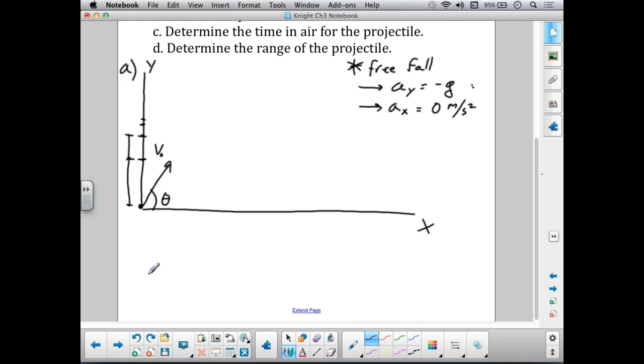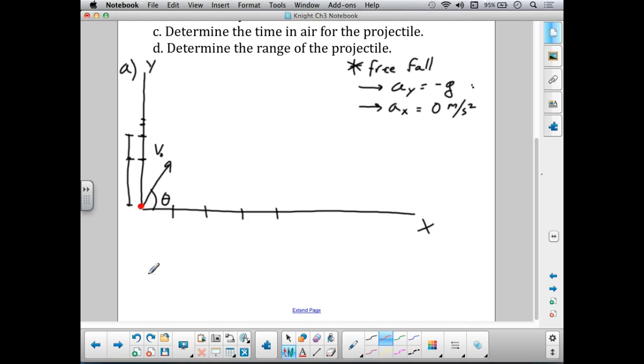However, in the horizontal direction, because there's no acceleration in the horizontal direction, my velocity is going to remain constant. So my motion diagram dots in the horizontal direction are going to have equal spacing all the way through. Let me do this in red so it's easy to see.